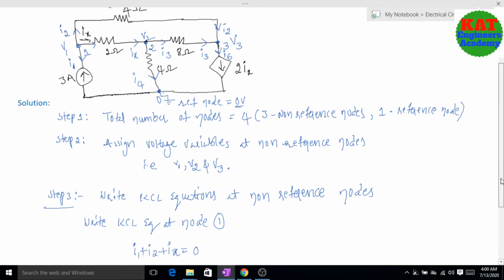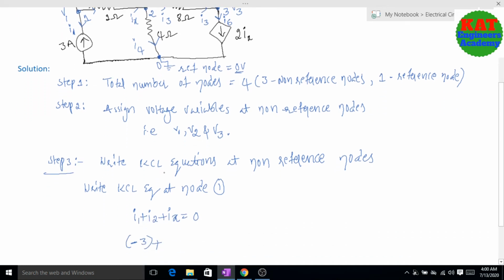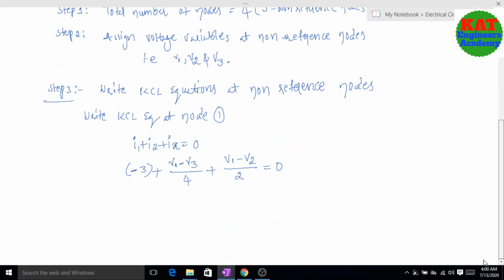Okay, I am writing directly. So finally I2 is V1 minus V3 by 4. Next, V1 minus V2 by 2 is the Ix value, equal to 0. Now simplify this equation.